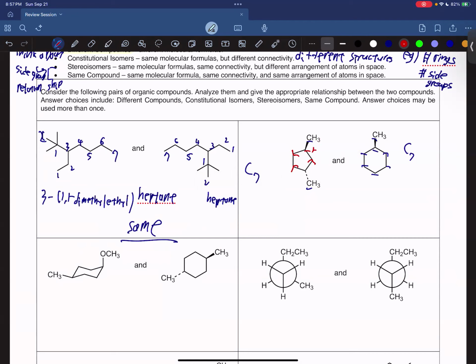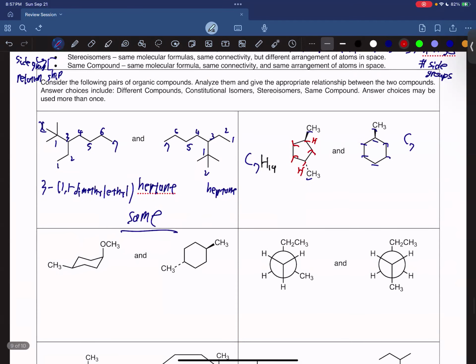And then there are two more hydrogens here. So in total, 14. So we have C7H14. For this reason, we can assume it is a constitutional isomer.